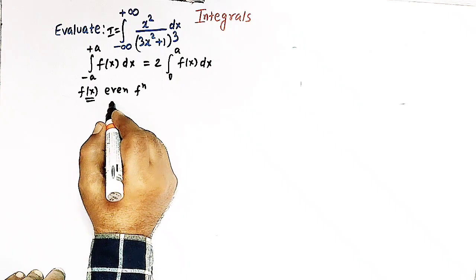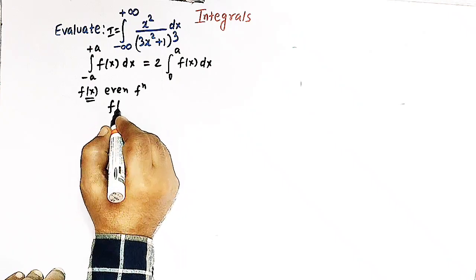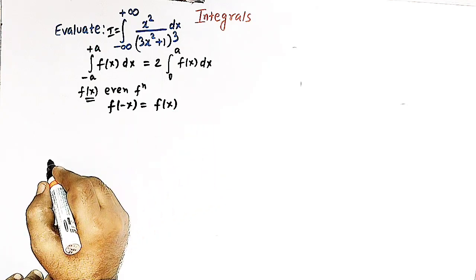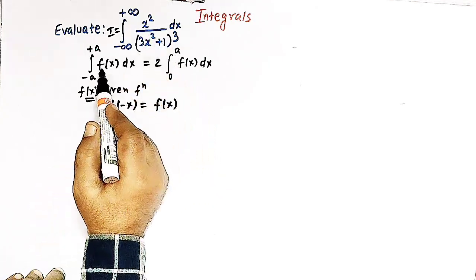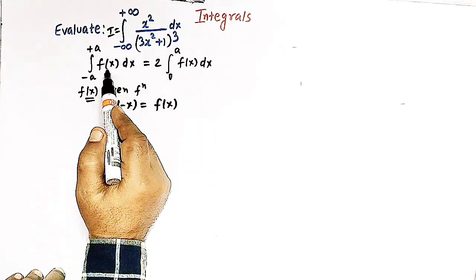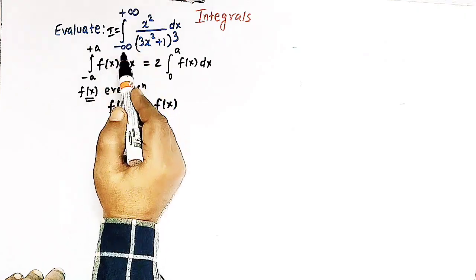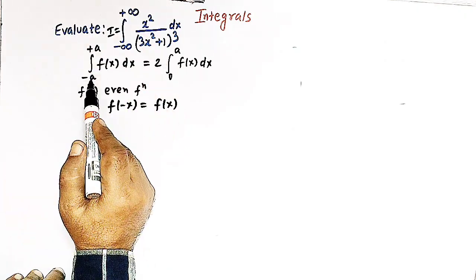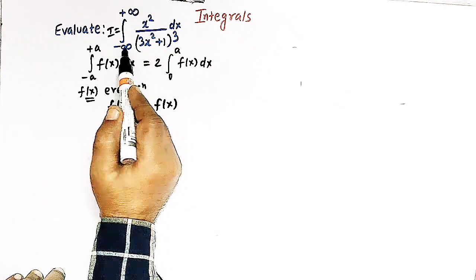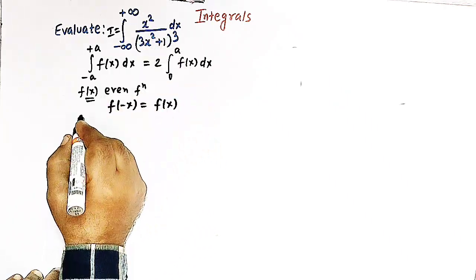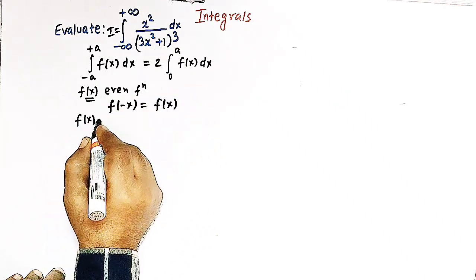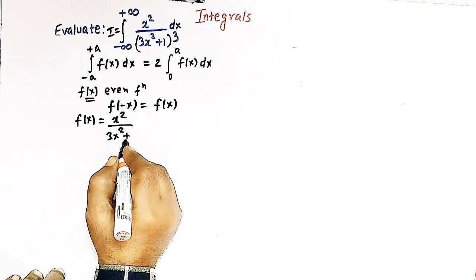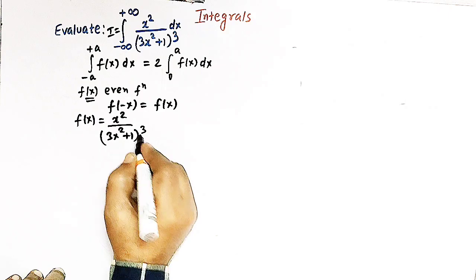So even function is defined as f of minus x is equal to f of x, right? So here if we compare this integral with this one, then the limits are from minus a to a, that is minus infinity to infinity. For a we have infinity, and the function or the integrand f of x is x square over (3x square plus 1) cube, right?